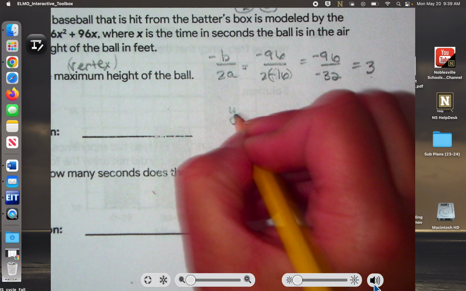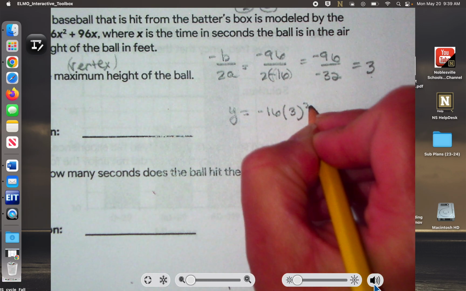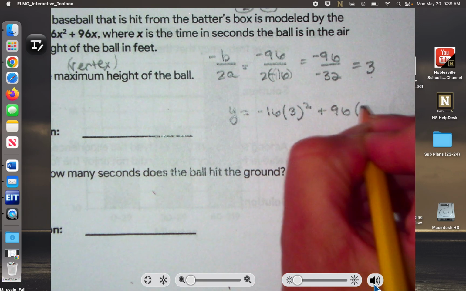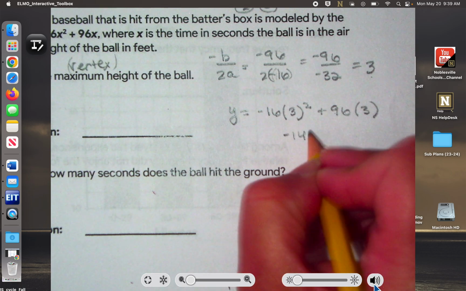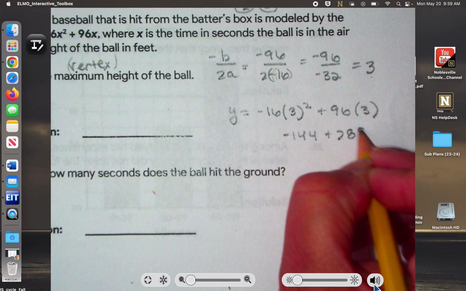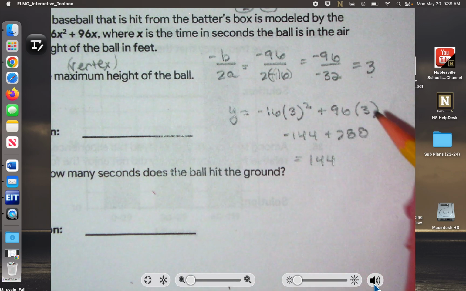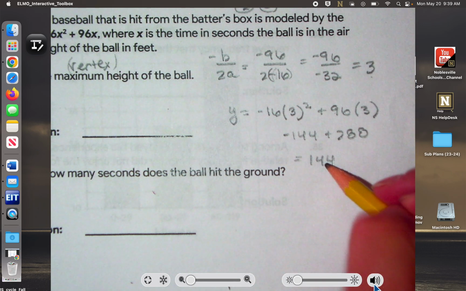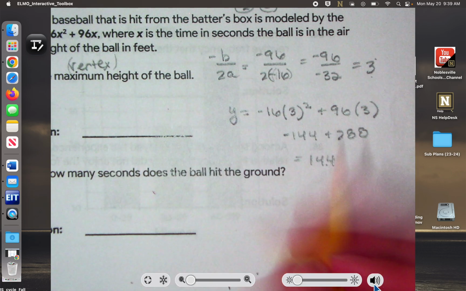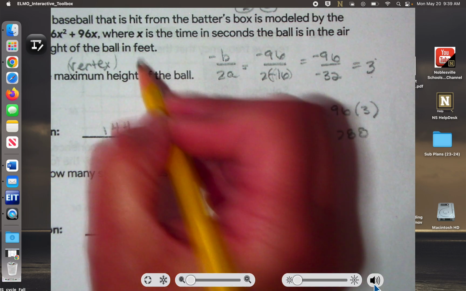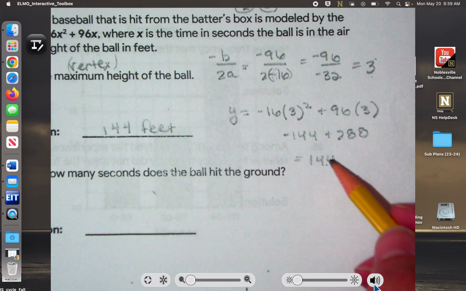So I get y will equal -16 times 3 squared plus 96 times 3. So that will give me -144 plus 288. So that equals 144. So my vertex is 3, 144. X value is 3, y value is 144. So the height of the ball is 144 feet, because that is the y value of my vertex.